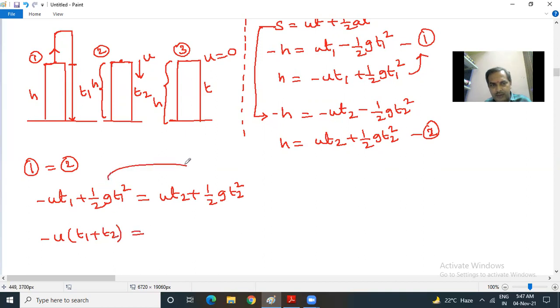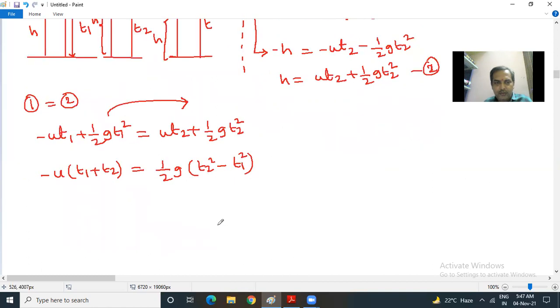You take this quantity right side, then you'll have to take out common g, but t2 square minus t1 square you will get. So let me continue with another step. If we cancel this negative sign here, so this will become plus, this will become minus. After that, t1 plus t2 is equal to half g.